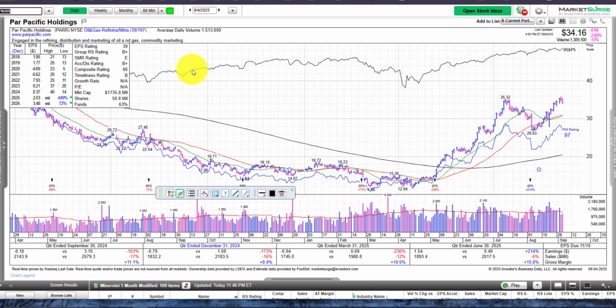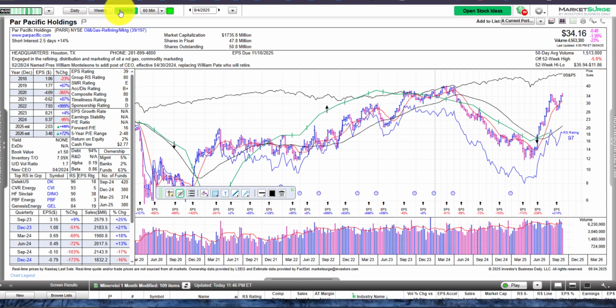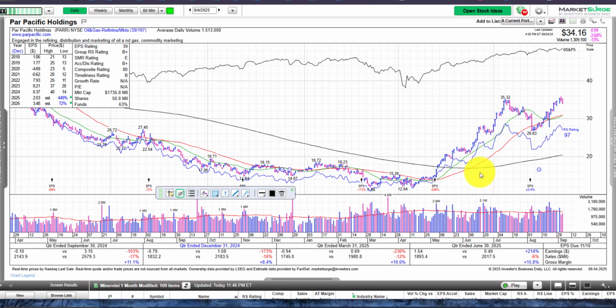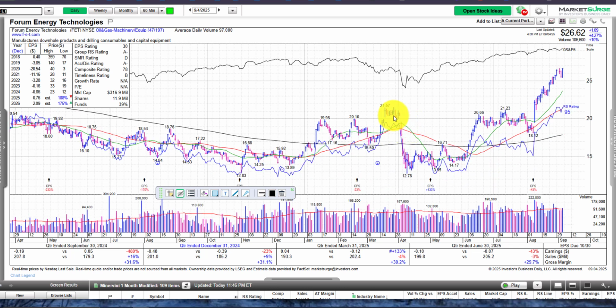PARR, Par Pacific, in the top quartile of industry groups, making good money. Again, that's a very small kind of V-shaped base. Our character change on earnings there. Fairly recent IPO. Yeah, not quite what I'm after. We'll find one, don't worry.